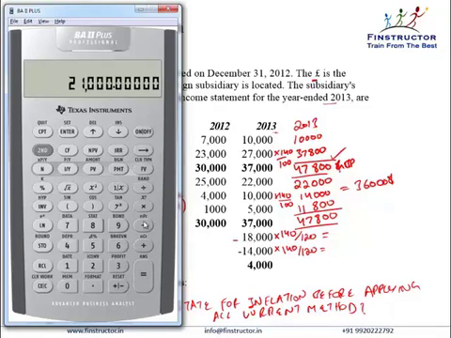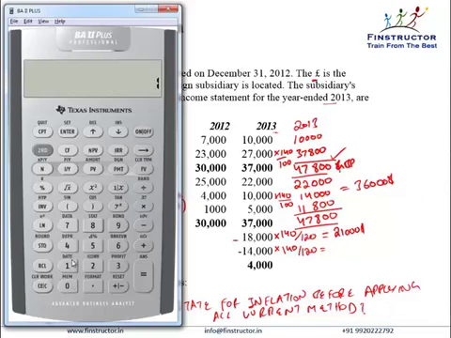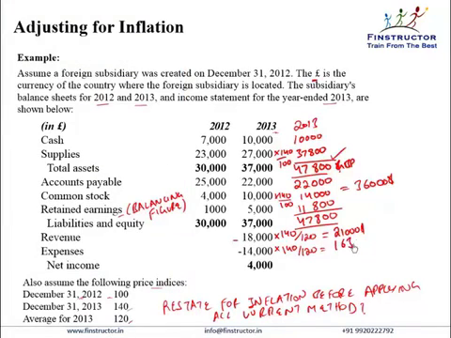That is $21,000. The expenses would be 14,000 into 140 by 120. That is 16,333.33.